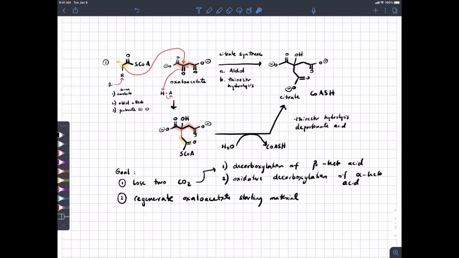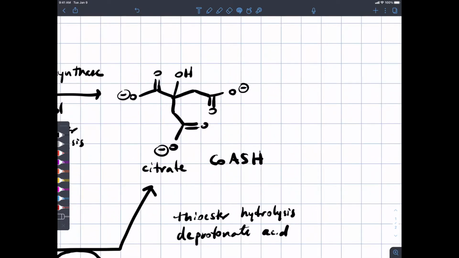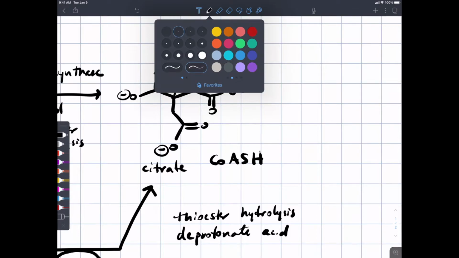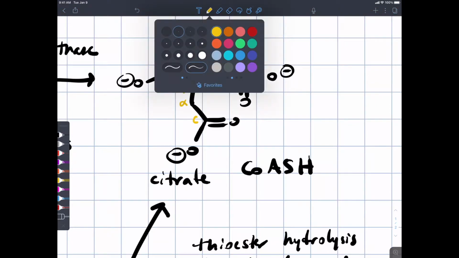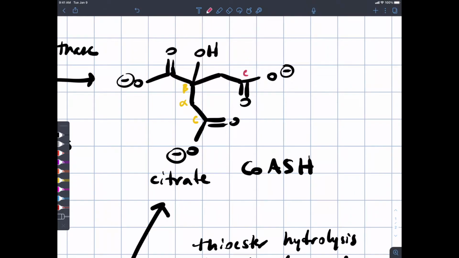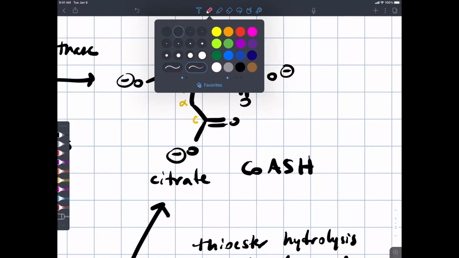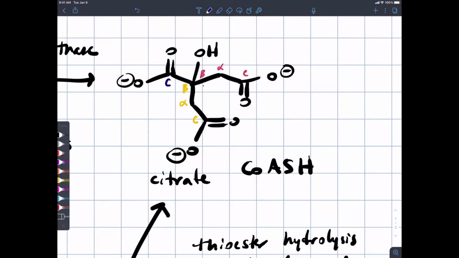So let's get a sense for where we are. Here is citrate, and as an aldol product, if this is a carbonyl carbon alpha beta, citrate is a beta hydroxy alcohol, and I suppose it's also beta to the other carbonyl, though I guess it would be alpha to the blue carbonyl.